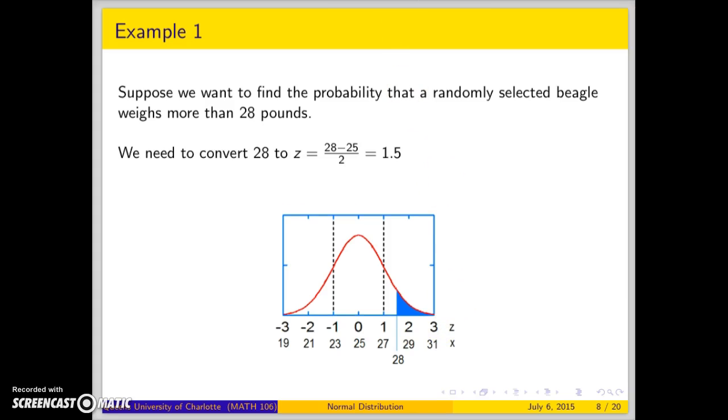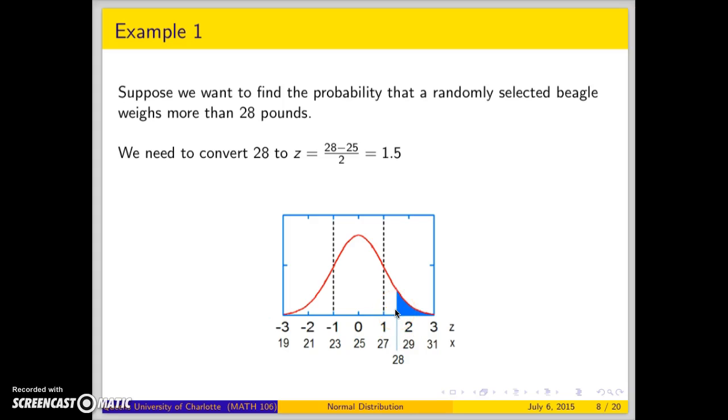To convert 28 to z, we take 28, which is your x, and subtract the mean, which is 25, and we divide by the standard deviation, which is 2, and we get z equals 1.5. So we are looking for the probability that z is greater than 1.5. So z would be right here, and that's 1.5. And you can see from this graph that z does look like it's in between 1 and 2, so it looks like it's 1.5.